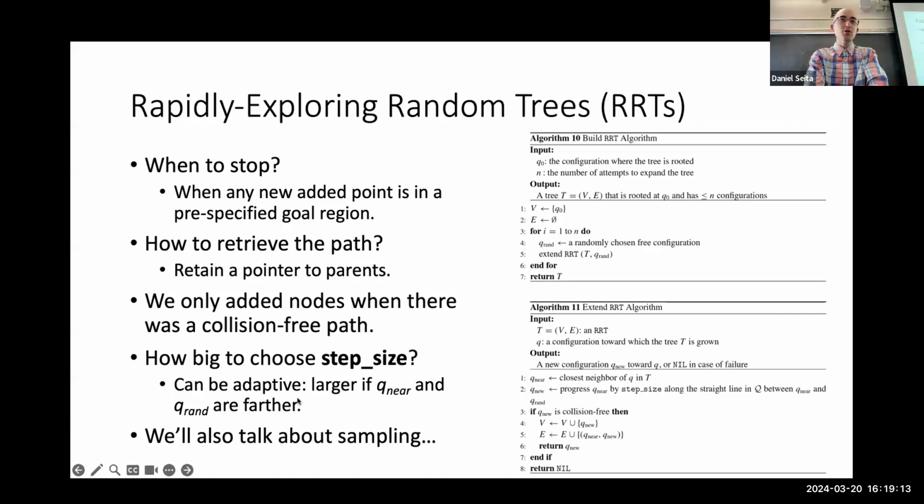And again, you can also make this adaptive, so there's no need to keep a fixed step size for everything. You can make the step size dependent on where you sample, so it doesn't have to be fixed for the whole tree construction. You can make it vary based on your nearest point in the tree to the randomly sampled point.